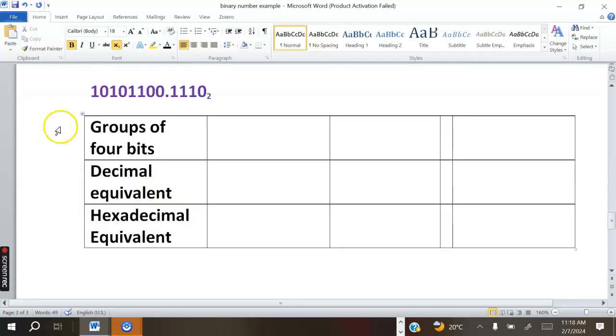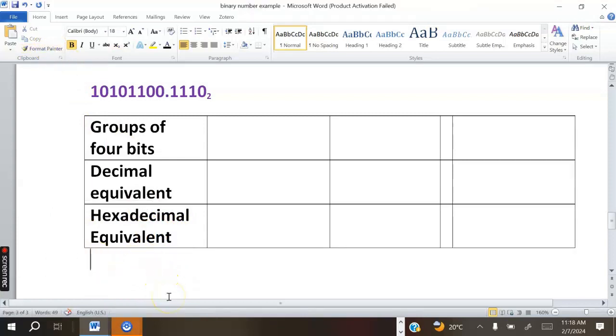Now for your exercise, you can try to practice with this one. You group it in groups of 4, and if they are not enough, try to add another 0, factoring in the rule that I've already highlighted to you. And you should get this as the answer to confirm whether you have done the right thing.